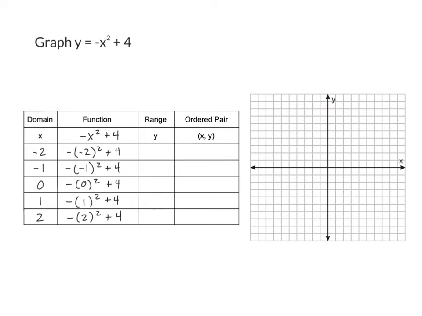Now we can find our range. I might start with the positive x values. If we have 2 squared, that's 4, but it's going to be a negative. So -4 plus 4 is 0. Then -1 plus 4 is 3. I know that 0 multiplied by 0 is 0, plus 4 is 4.